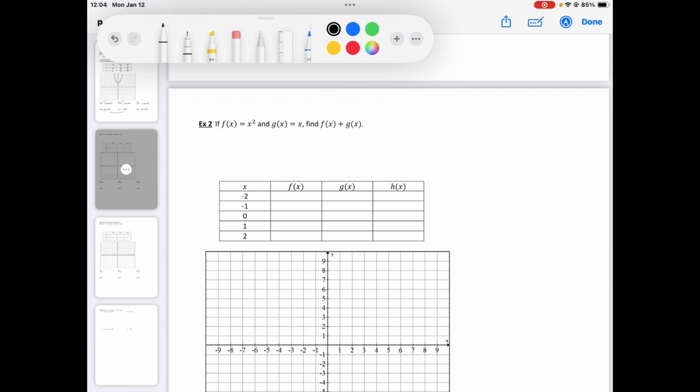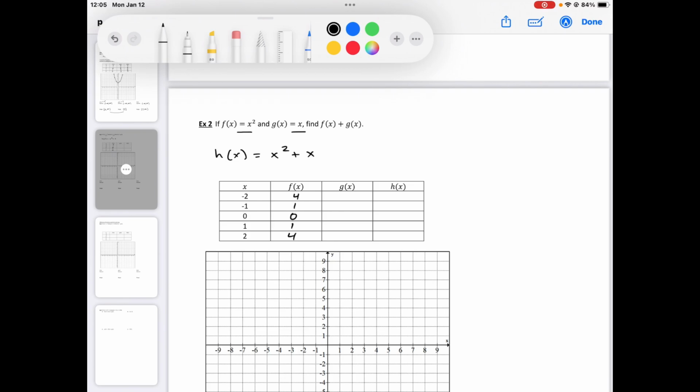So let's take a look at another example here. We've got x squared and x this time. Now we're adding f(x) and g(x). So we know that our function is going to be the sum of those two. And then we're going to find the y values of each individually and then add them together. So again, for f(x), we are squaring those values. So 4, 1, 0, 1, 4.